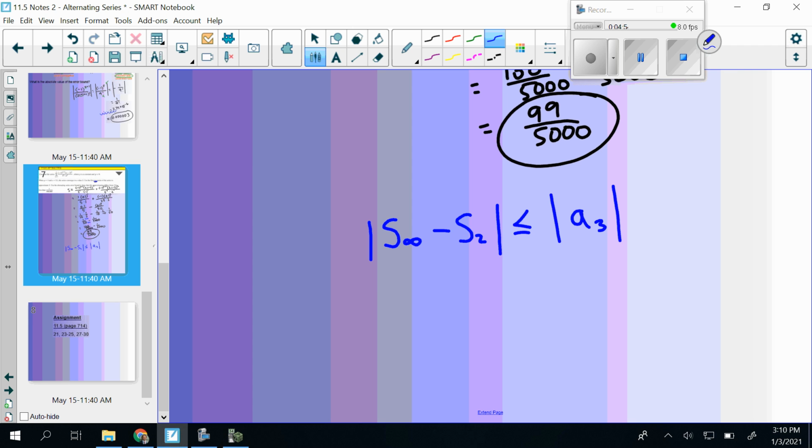So here that means we'd have our infinite sum should be less than what we just found, 99 over 5,000. Should be less than or equal to that third term. So what would that third term be here? Well, if you go back to our series, that means we are going to be putting in 3 for our n.